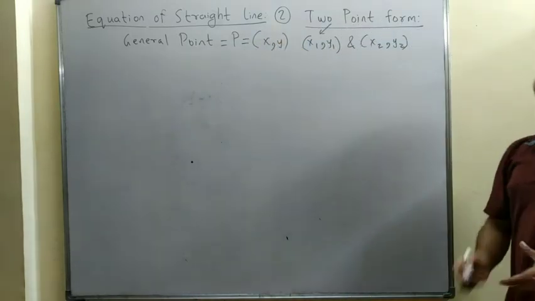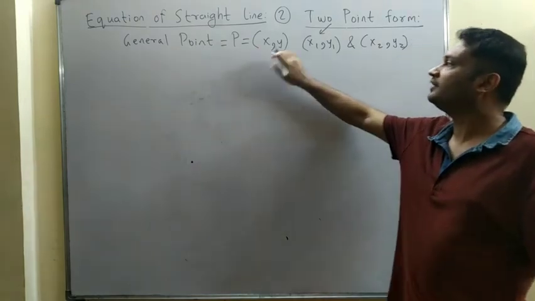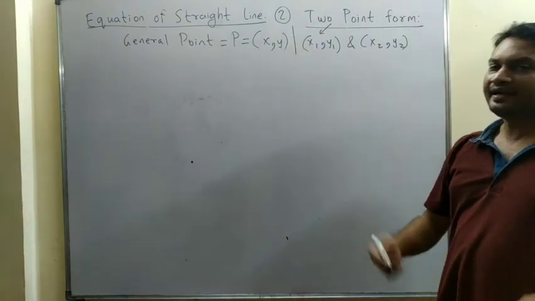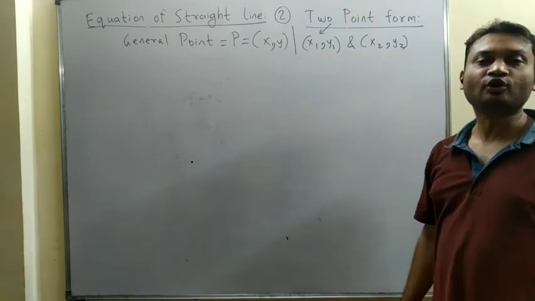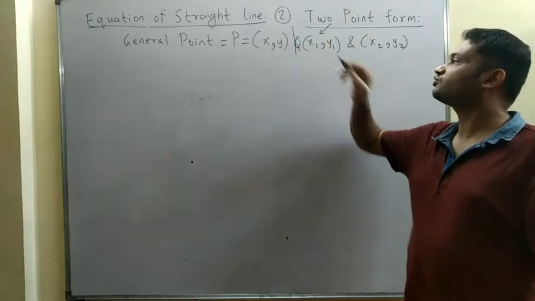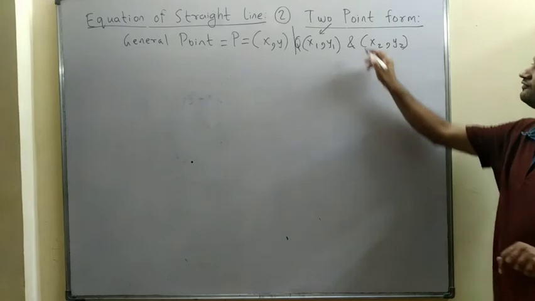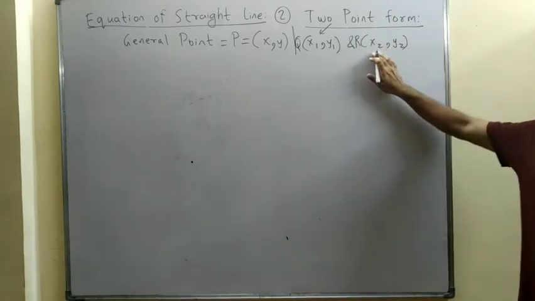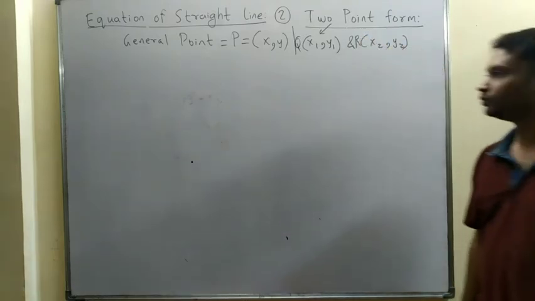So we have three things. One is the general point P, which is x, y. Let us say one fixed point Q, which is x1, y1, and another fixed point R, which is x2, y2.